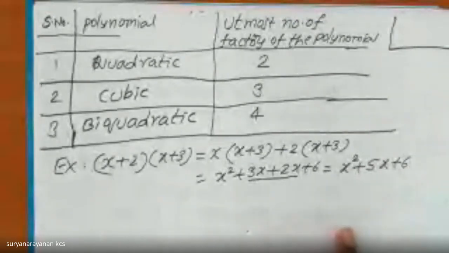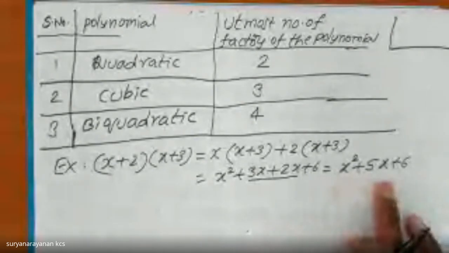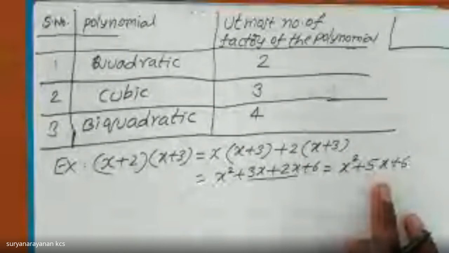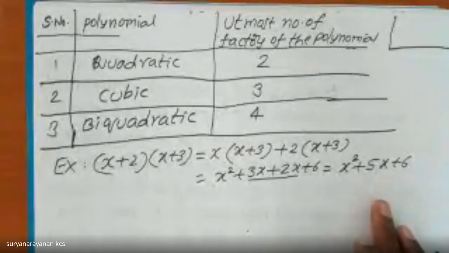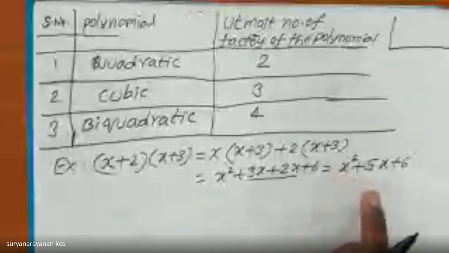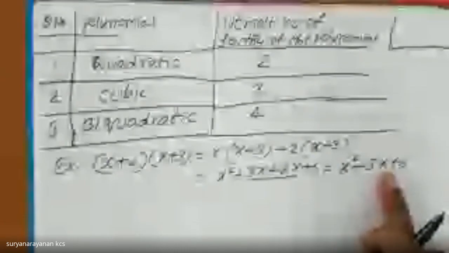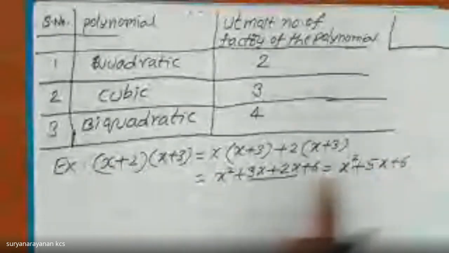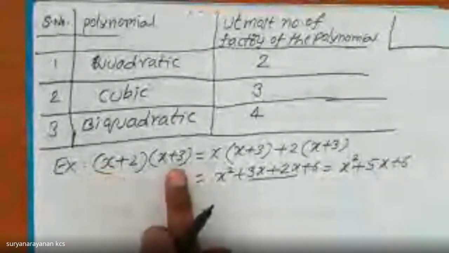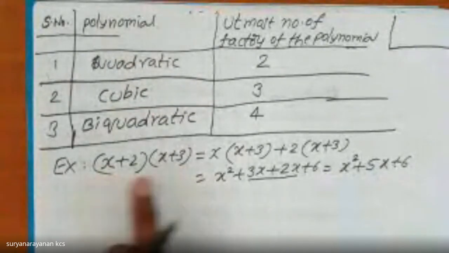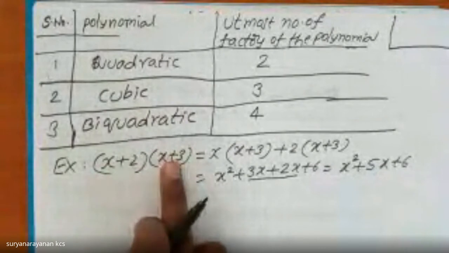Now tell me which type of polynomial this is: quadratic or cubic or biquadratic? Quadratic, sir. So for this polynomial, what are the factors? x plus 2 is one factor, x plus 3 is another factor. By multiplying these two, we got this polynomial.